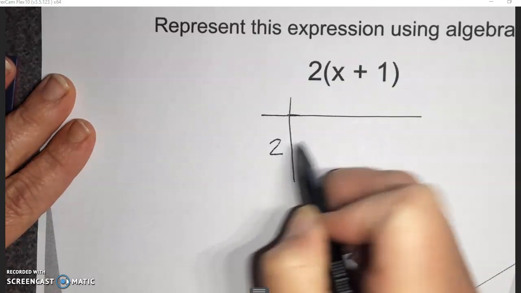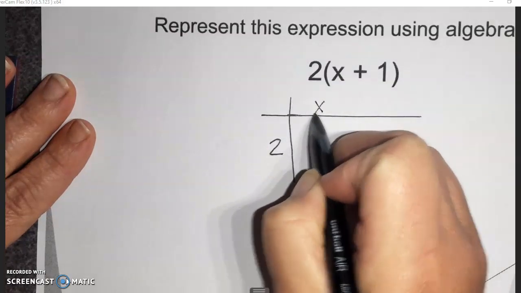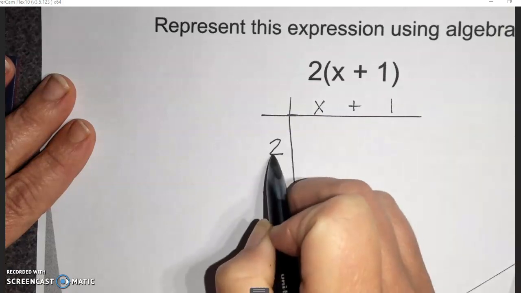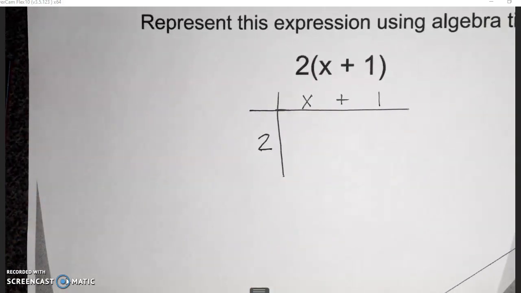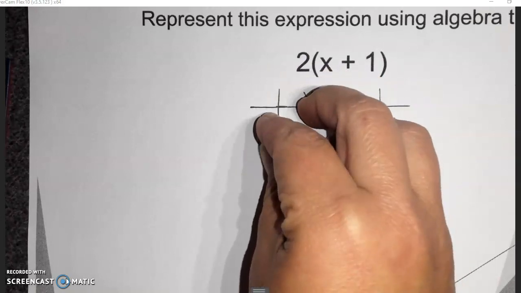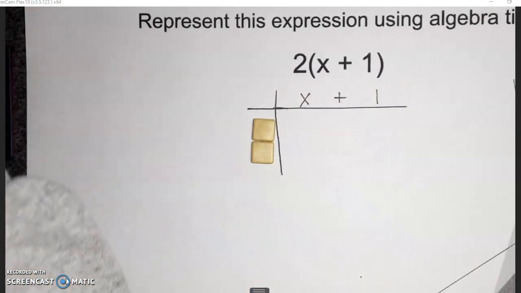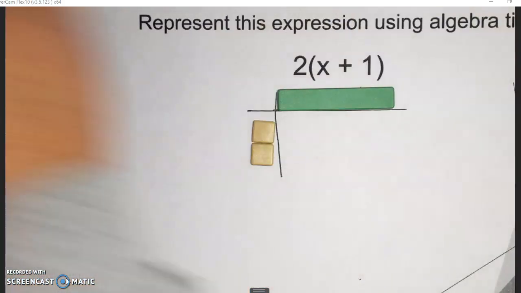So if we have 2 times x plus 1, you guys know how to do this, okay? Here's our 2, and we're multiplying it times x and 1.